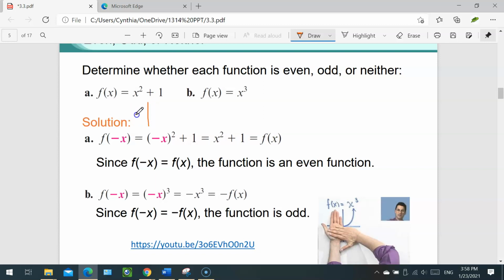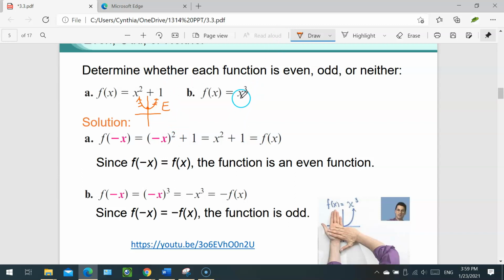That means this is a parabola facing up, shifted 1 unit on the y-axis. Although it doesn't pass through 0, 0, that is okay. It still counts as an even function because it is symmetric about the y-axis. So this is an even function.